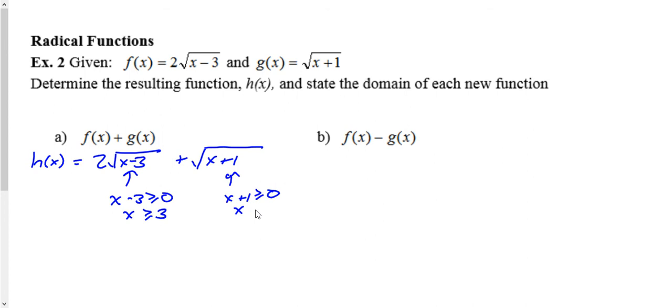So here we'd have x has to be greater than or equal to negative 1. Because we have two restrictions here, which one do we pick? We always pick the larger restriction. So my domain here is going to be x such that x has to be greater than or equal to 3. X is an element of real.